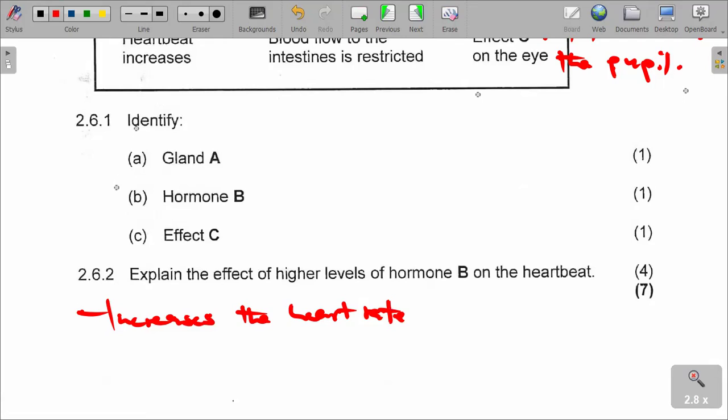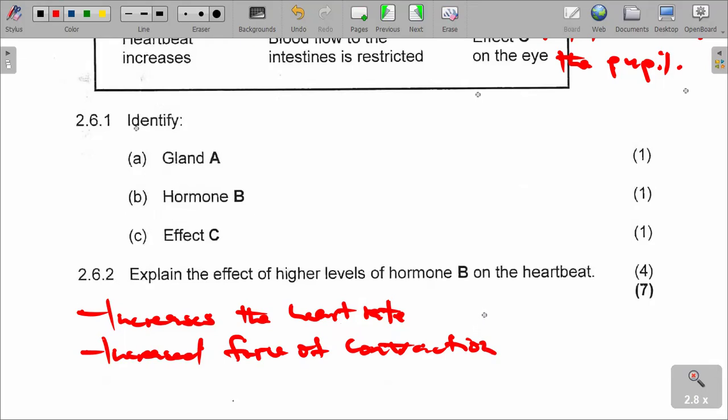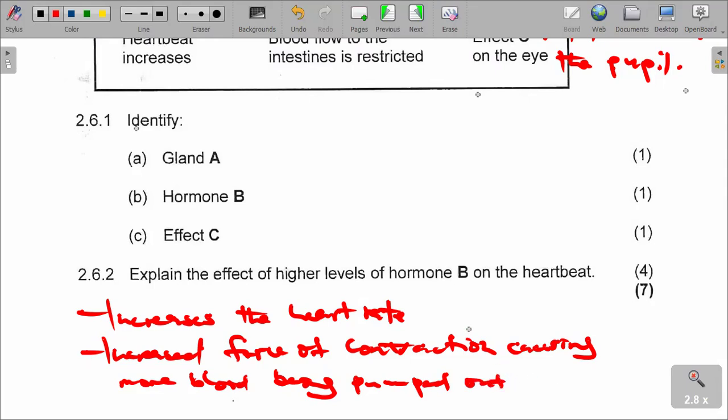And then one other thing that we need to look at is that it also increases the force of contraction, which increases the muscle contraction, causing more blood to be pumped out fast to the skeletal muscles.